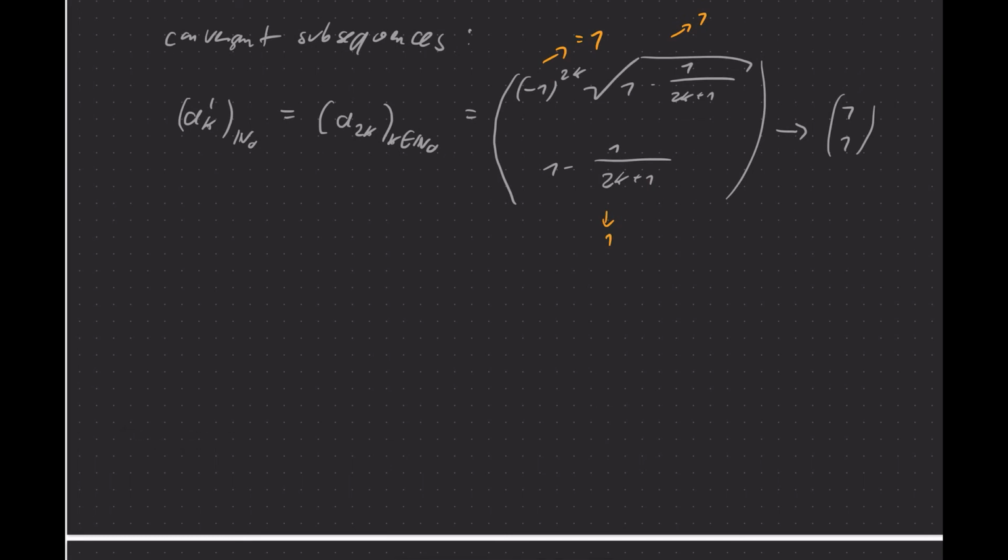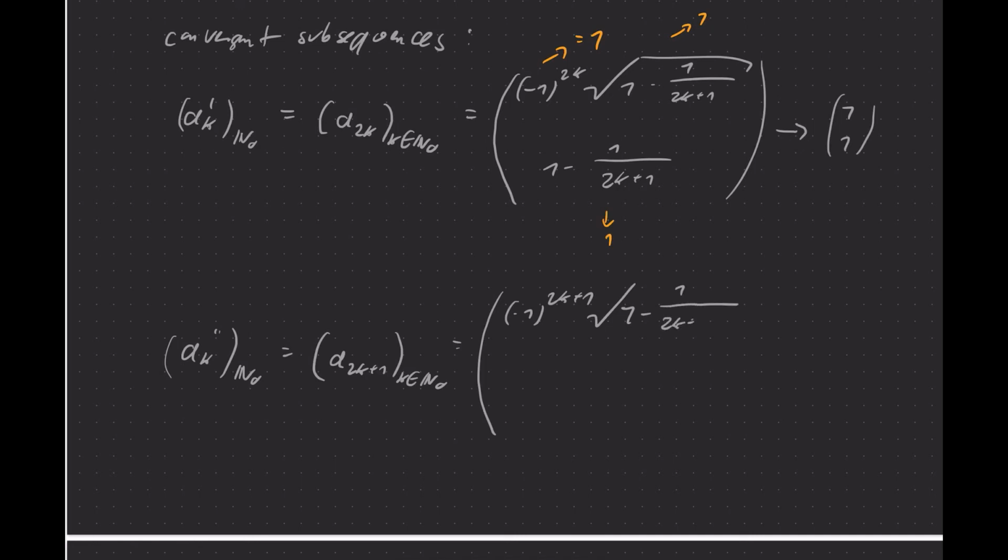And of course, we could also easily define another subsequence that consists of just the odd indices of the original sequence a. So a_(2k+1), k in N0. And that is (-1)^(2k+1), square root of 1 minus 1 over 2k plus 2, and 1 minus 1 over 2k plus 2.